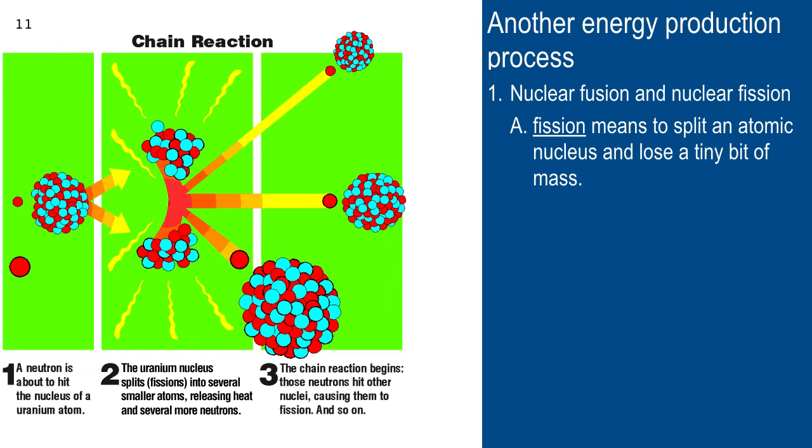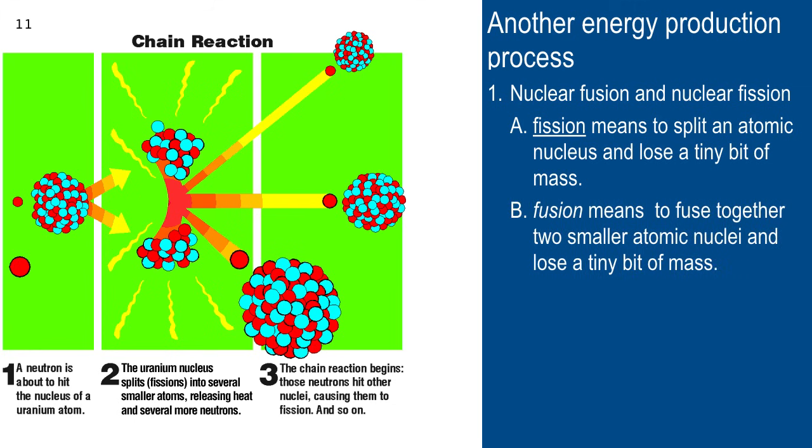There are 2 daughter nuclei and a bunch of neutrons, and the mass in kilograms of those constituent parts that have been broken out of the original nucleus is less than the initial components. All right, so there's missing mass.